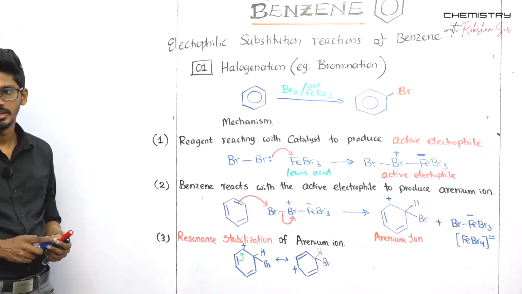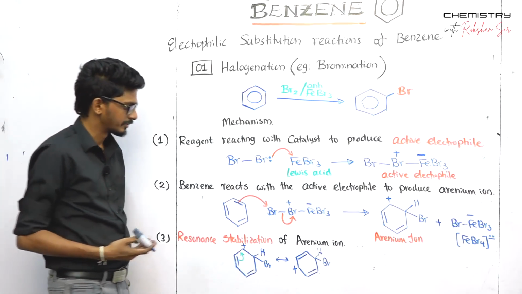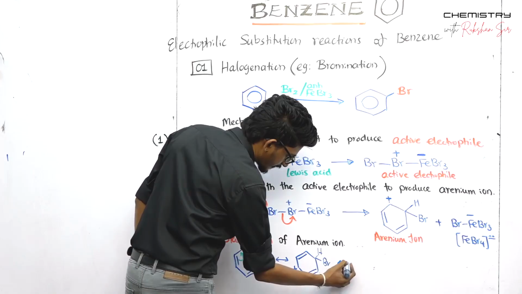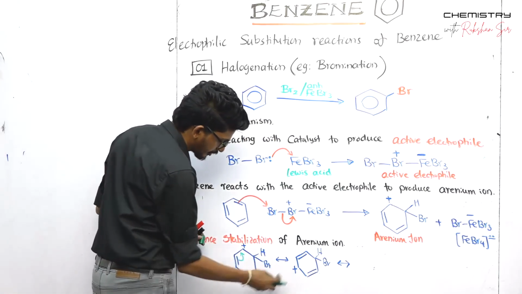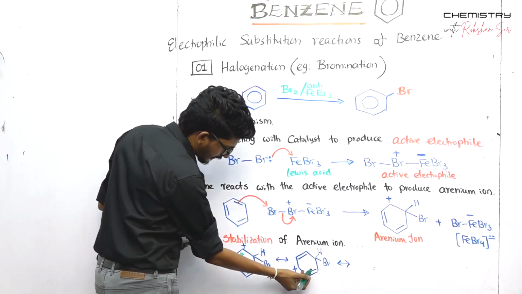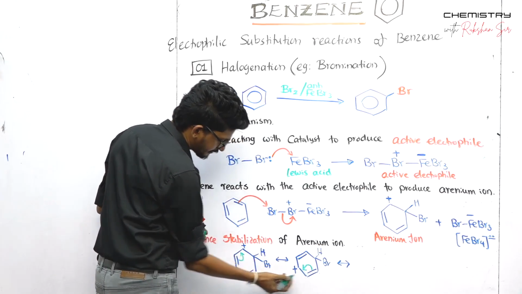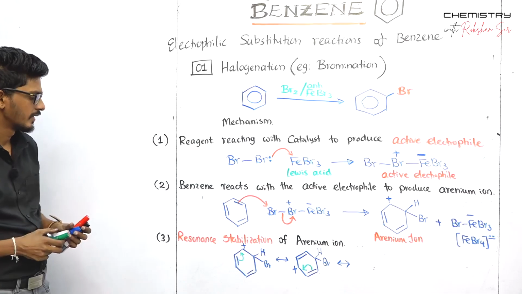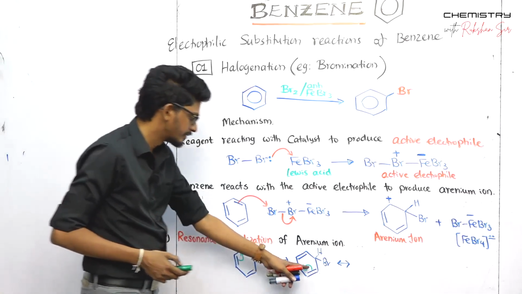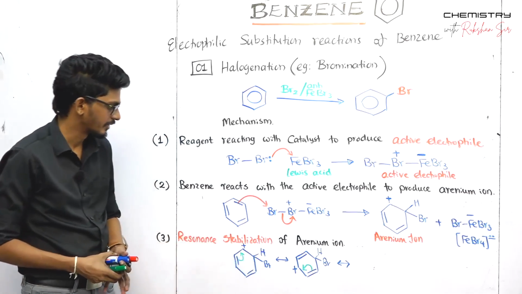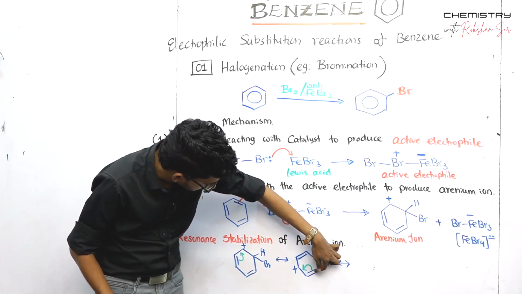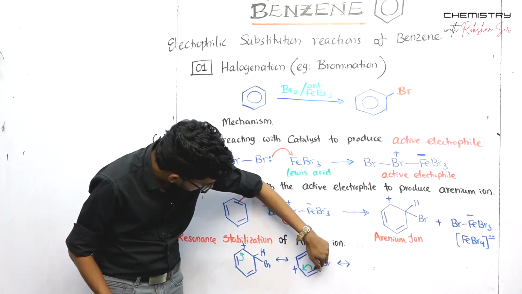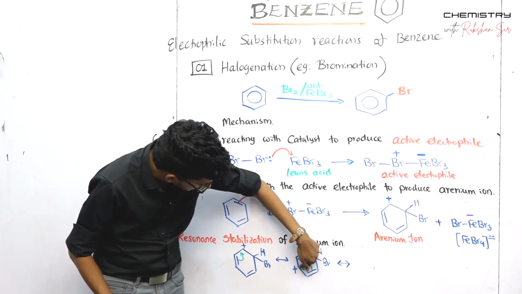Now, what will happen? To neutralize this positive charge, these bonding electrons will come towards here. This electron of the bond first comes here and forms a bond at this place.